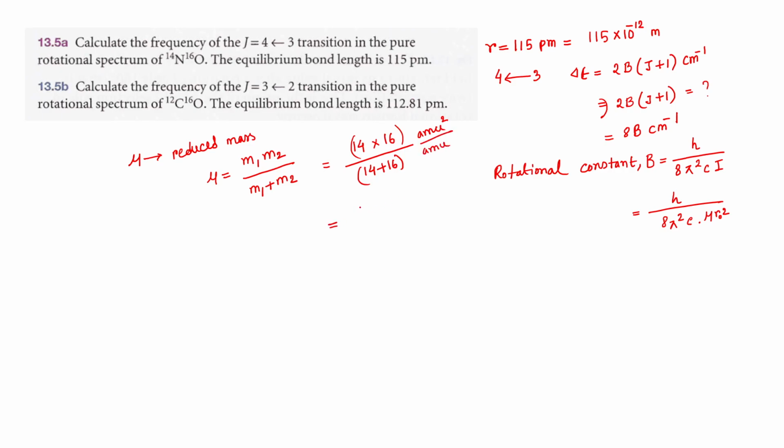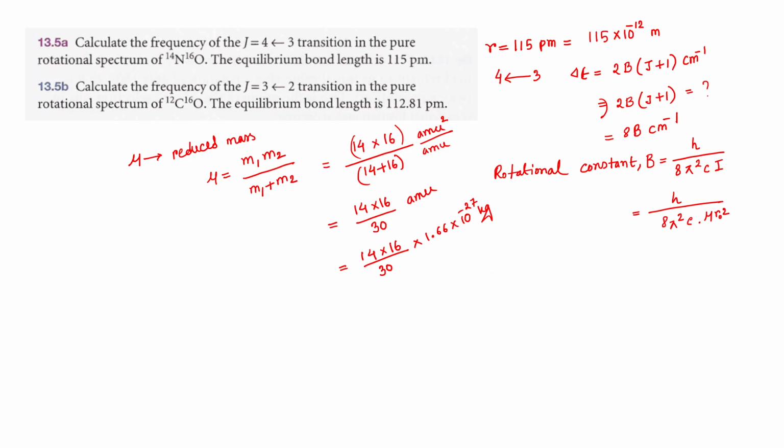So you are going to deal with 14 into 16 by 30 AMU, and we need to be very careful with the unit. 1 AMU is equal to how much in kilograms? 1.66 into 10 to the power minus 27 kilograms. So what I am trying to do here is convert everything to SI units, so that it will be easier to calculate.